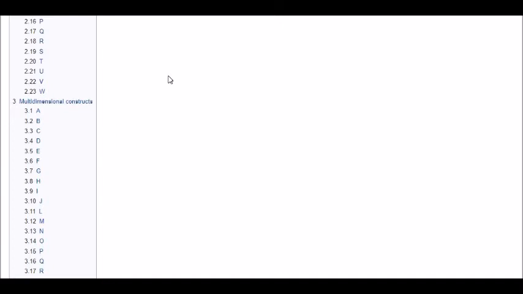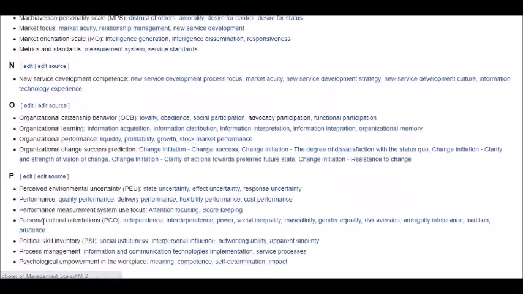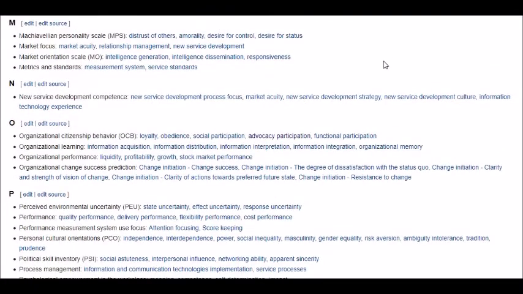Now, let's have a look at the multi-dimensional structures. I'm taking up the alphabet M randomly, and here you can see they are talking about market focus, market orientation, metrics and standards. Okay, let's see about this one.